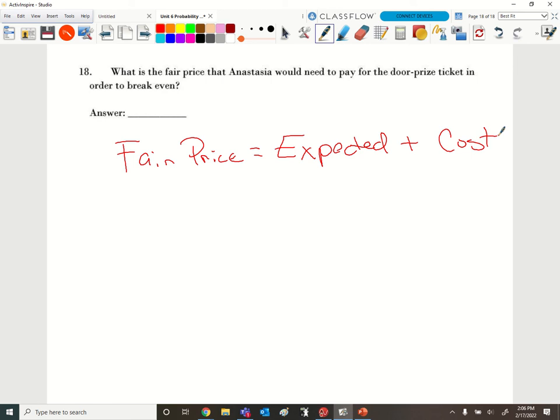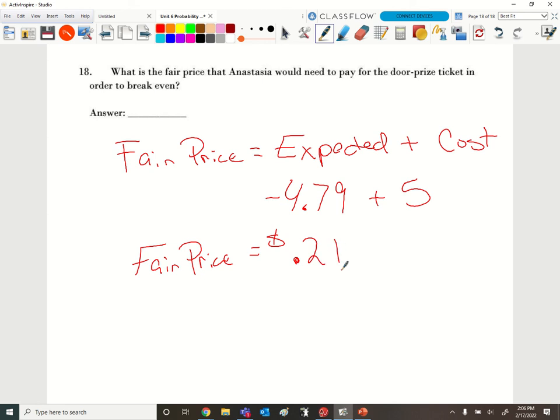Negative 4.79. And how much did it cost me to play? $5, right? And so what do we come up with for our fair price? 0.21. So the fair price is when it will break even, at the cost that neither I lose or the other people lose.